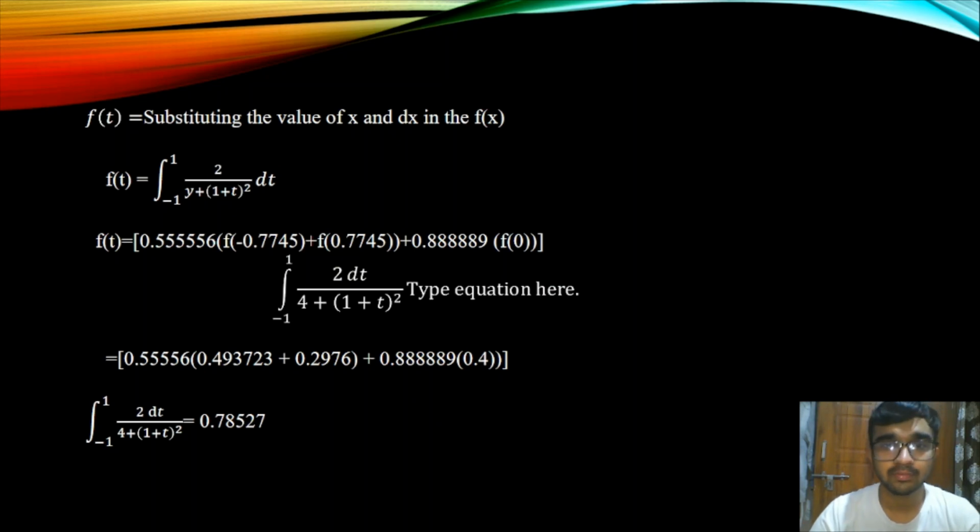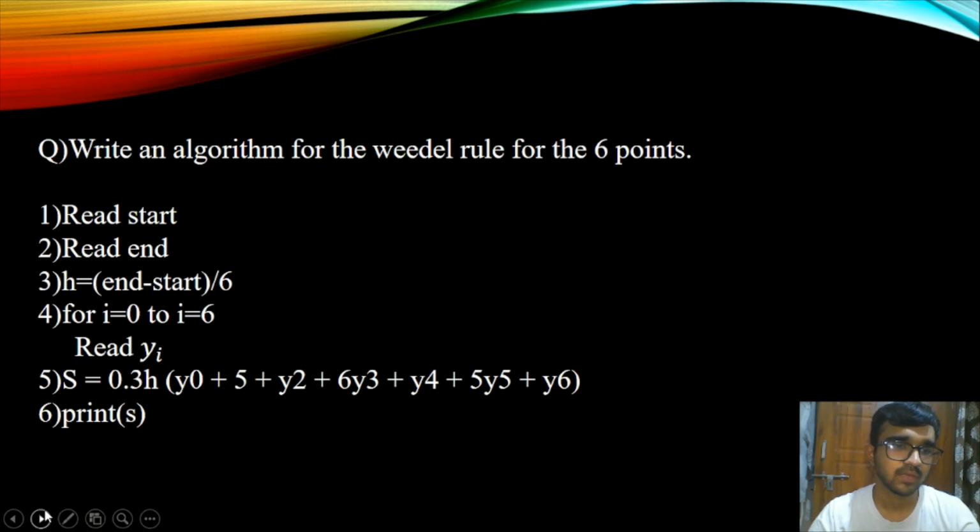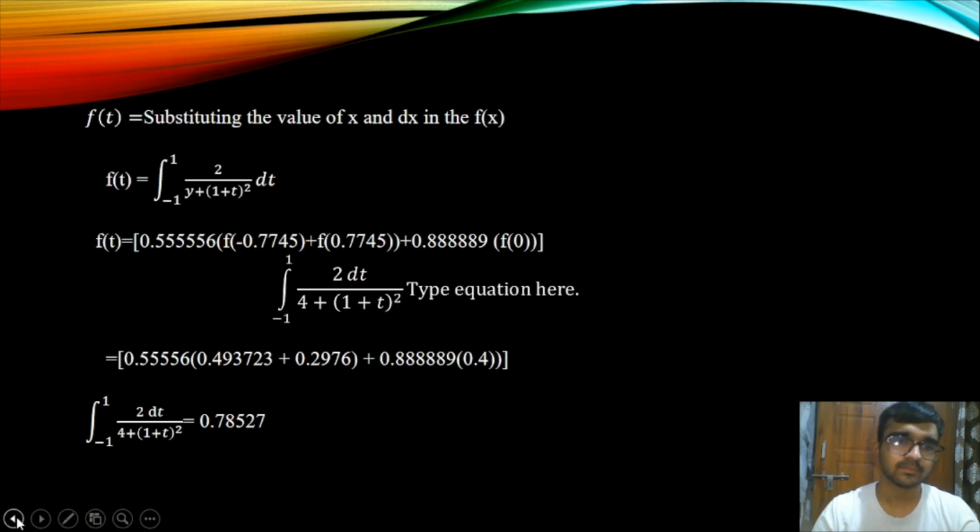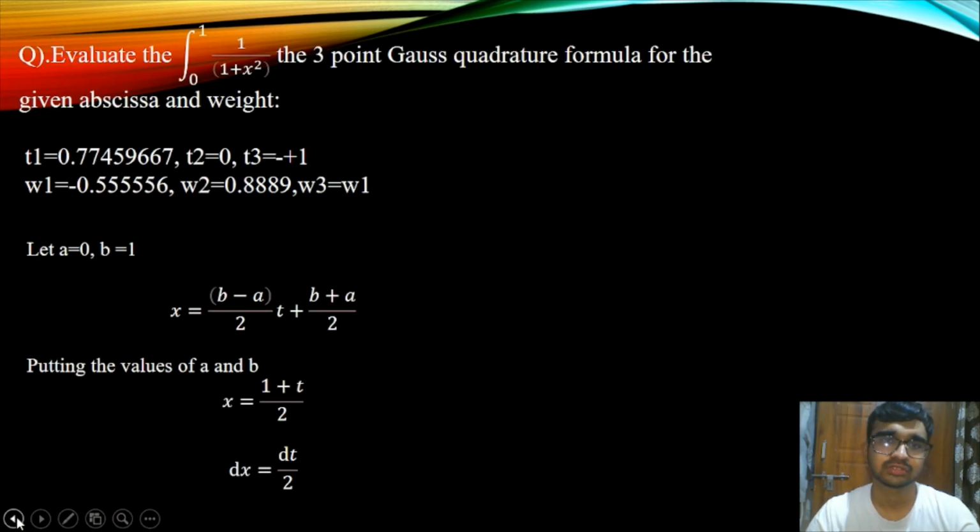So what we have done here is simply substituted it with our formula, given earlier, and found the value of our f(t). In this way we have found our answer through the 3 Gauss point Legendre quadrature formula.